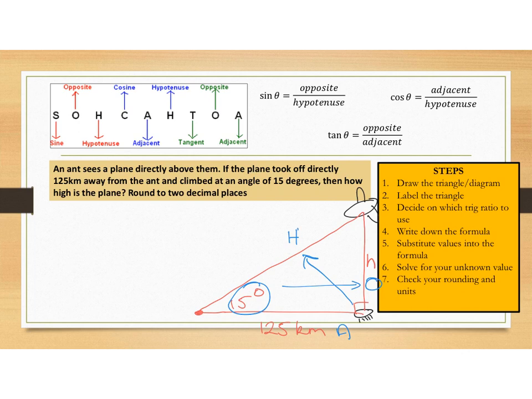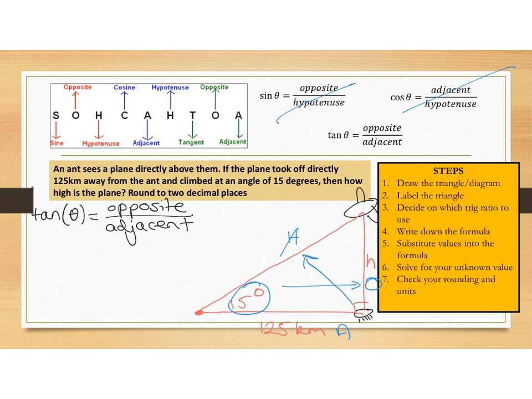Okay, so I can get rid of that hypotenuse because I want to find this H value here, and I've got my A. So I'm going to have a look up here at the different ratios and eliminate those ratios with the hypotenuse needed. So I'm going to be working with tan. So over here, I'm going to write out my formula, tan of theta equals the opposite divided by the adjacent.